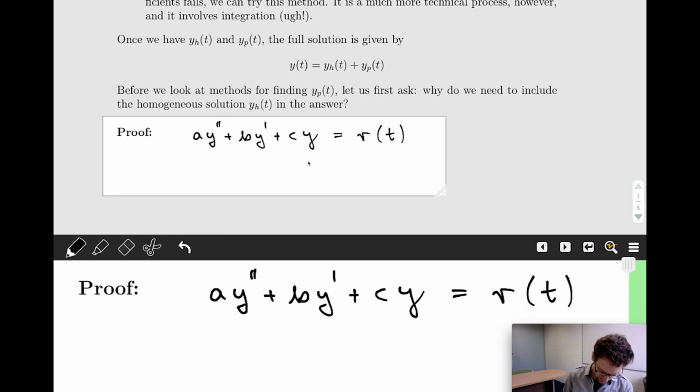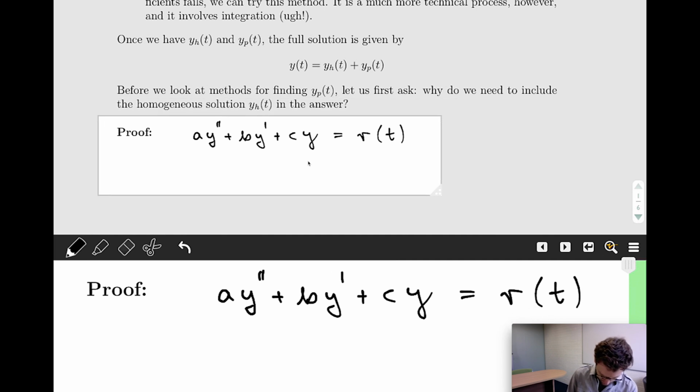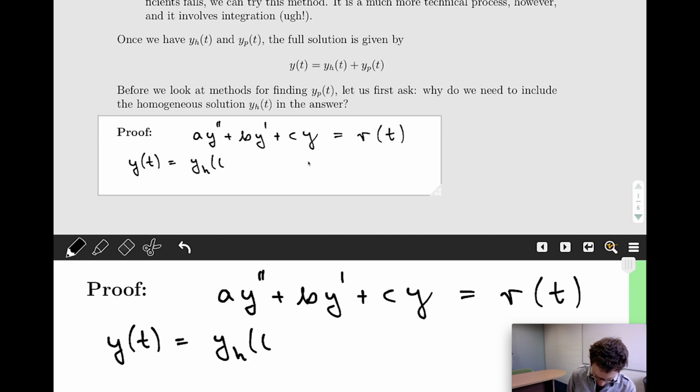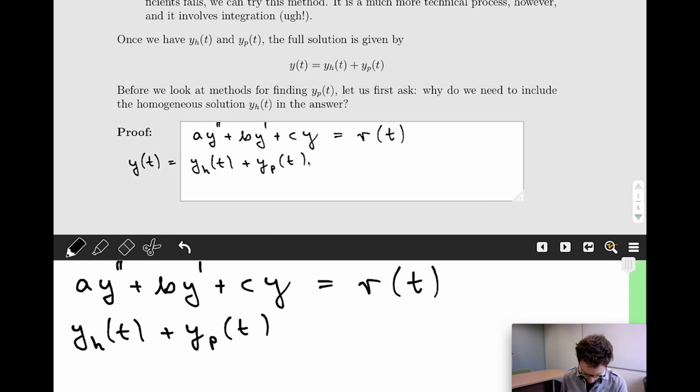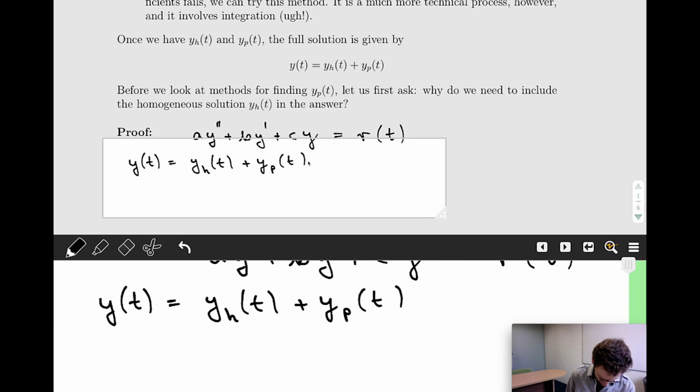Now we're going to write down our solution as made up of two pieces. So y of t is going to be y subscript h plus y subscript p, where yh is what we're calling the homogeneous solution.